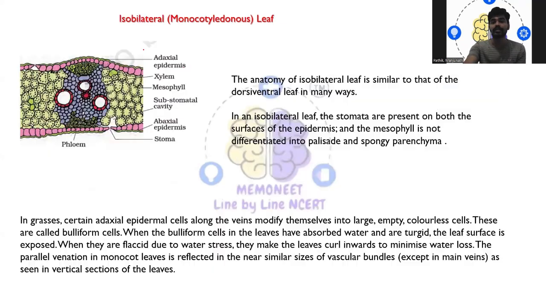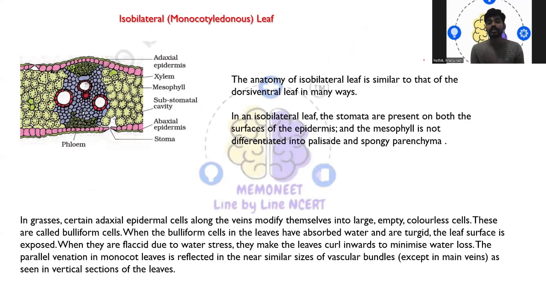Coming to the next part, the monocot leaf. The monocot leaf structure is obviously different. It is called the isobilateral leaf. The anatomy of this leaf is similar to that of the dorsoventral or dicot leaf in many ways. But what are the differences?